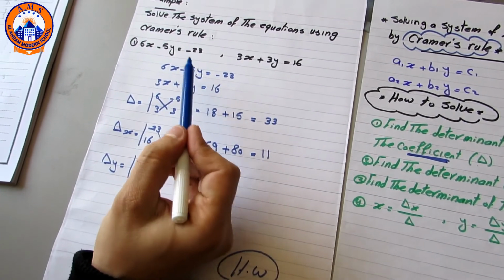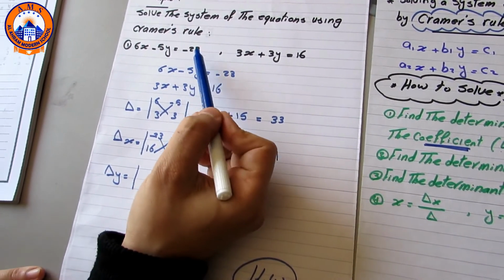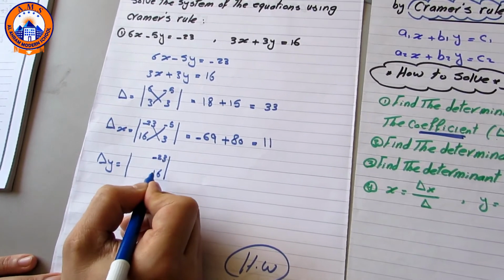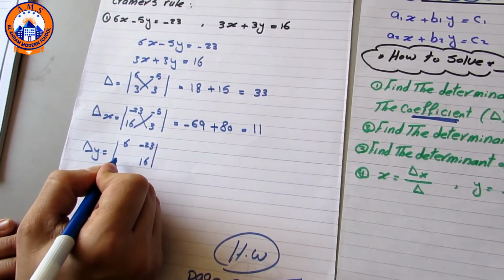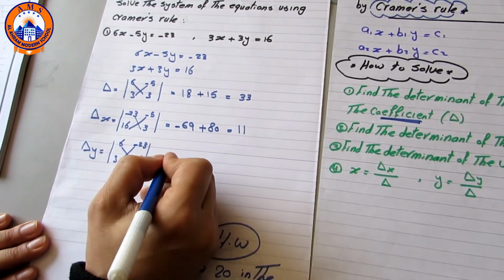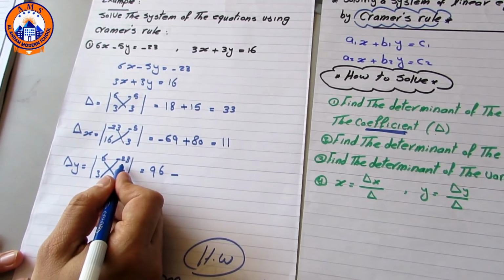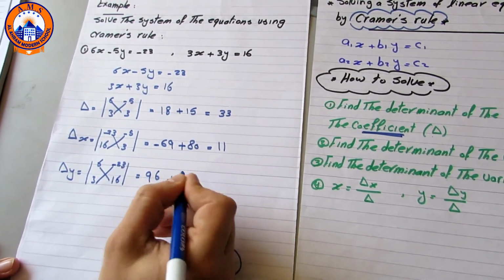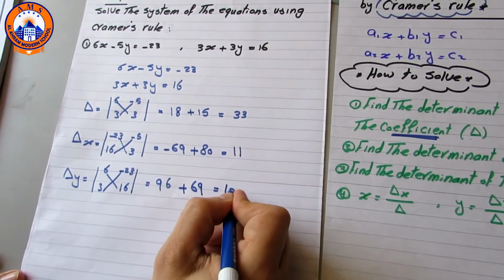You have to change the coefficients of y and write the constants, negative 23 and 16, and write the coefficients of the variable x as they are, 6 and 3, and find the value. 6 multiply 16 is 96, minus 3 multiply negative 23, which is negative 69, so it will be plus 69. 96 plus 69 equals what? 165.